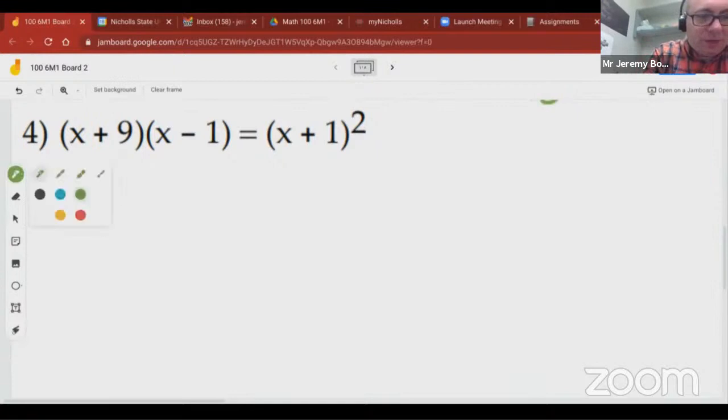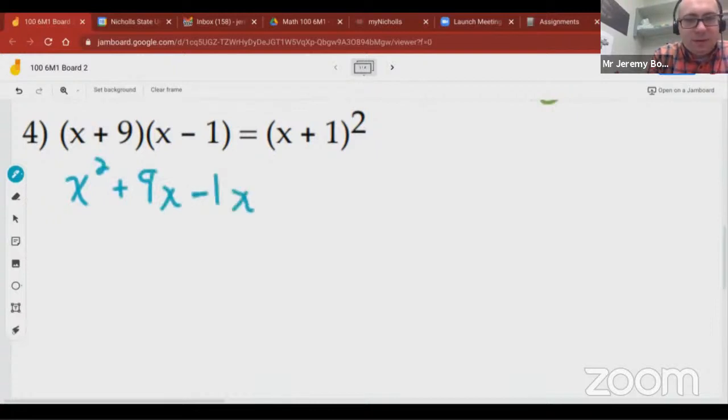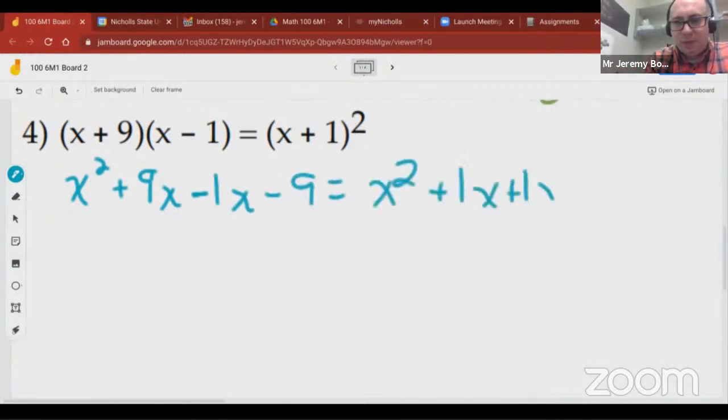So if we expand both sides here, you use FOIL, first outer inner last, whatever you can use, but you end up with x squared plus 9x minus 1x and minus 9 on the left-hand side. Right-hand side is going to be x squared plus 1x plus 1x plus 1. Did I do plus 1?